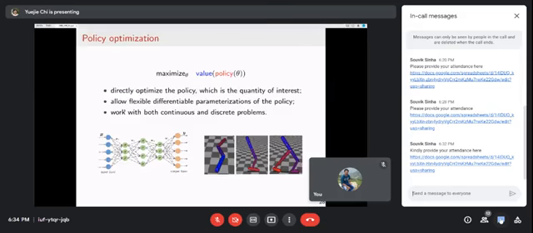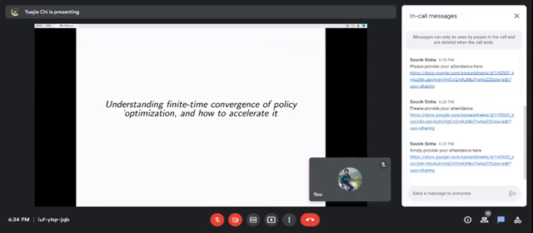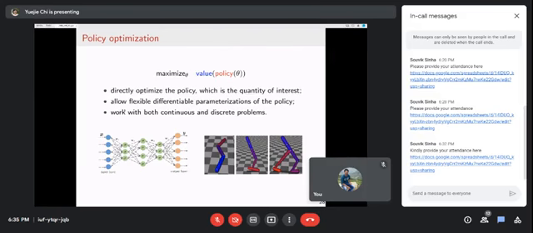Yes. So the next part will be shifting gears a little bit and trying to understand another approach to reinforcement learning using policy optimization. This is more, rather than from a statistical perspective, on the optimization aspect, trying to understand the non-convex optimization problems induced by reinforcement learning tasks.